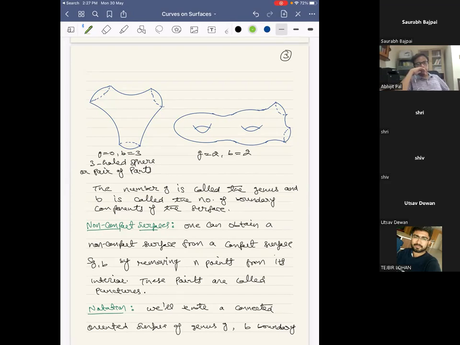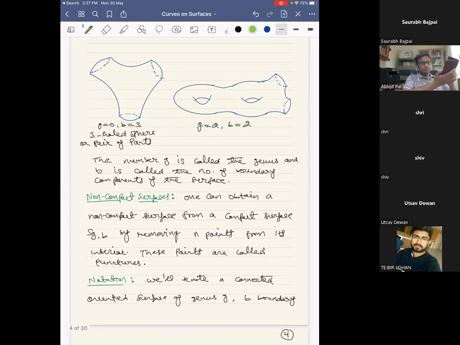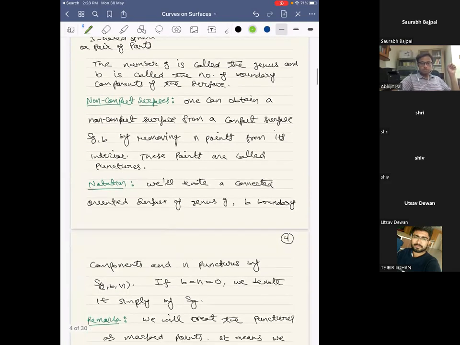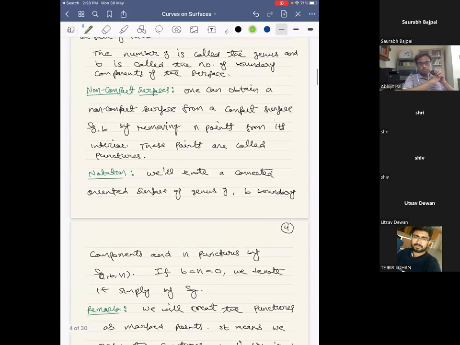So this is about the compact setting. You can go from compact to non-compact by removing a finite number of points from the interior. Suppose you remove n points from its interior, right? Then these interior points are called punctures. And so now we have the notion of a non-compact surface. Let us fix our notation.